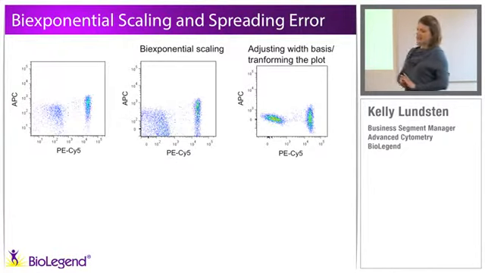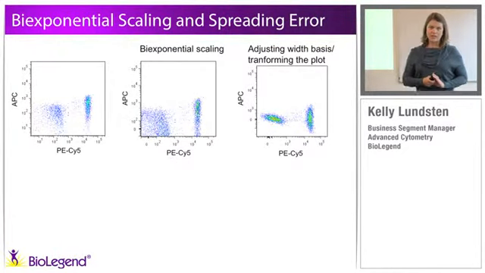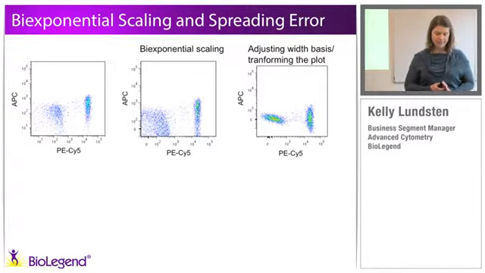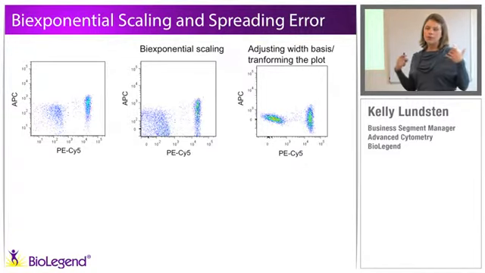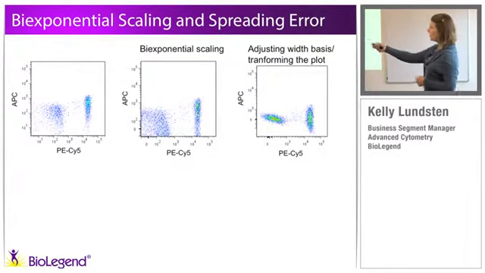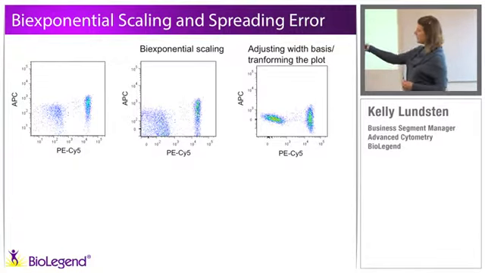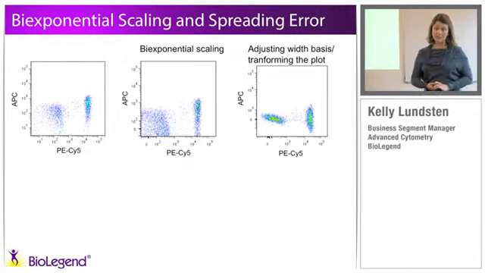Okay, so this is a bit on spreading error that I want to describe to you. First, it's extremely important to see what you can see, and that very much is involved in data transformation, or how to visualize your data. When you're looking at the first plot here of APC versus PE-Cy5, this is just a bead coated with PE-Cy5, right?